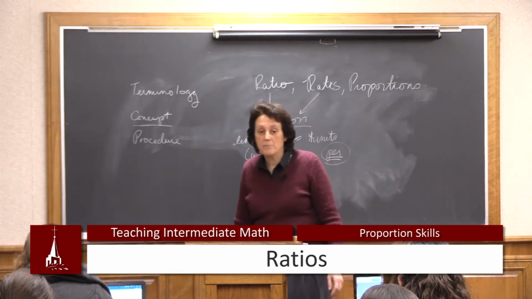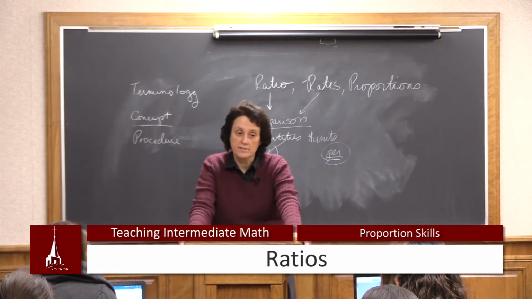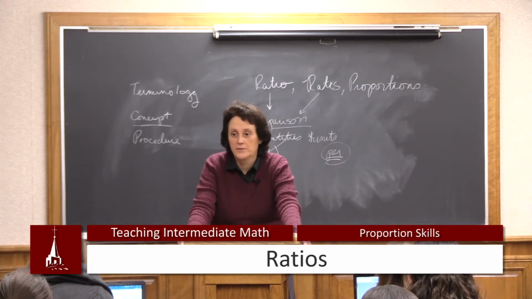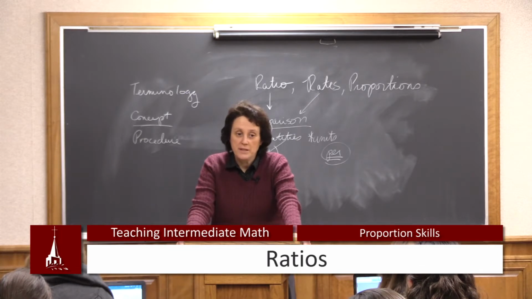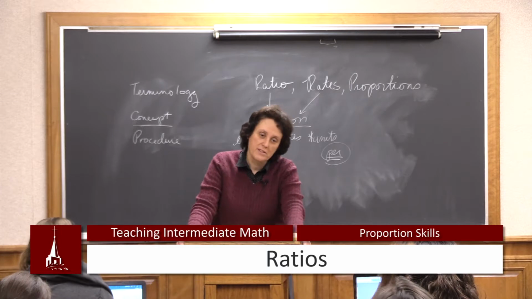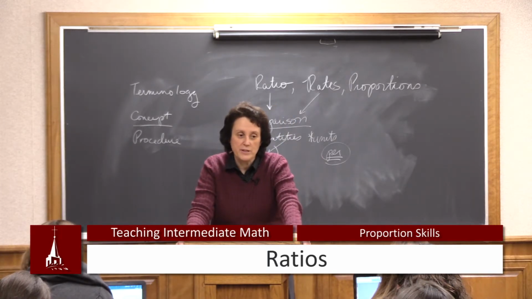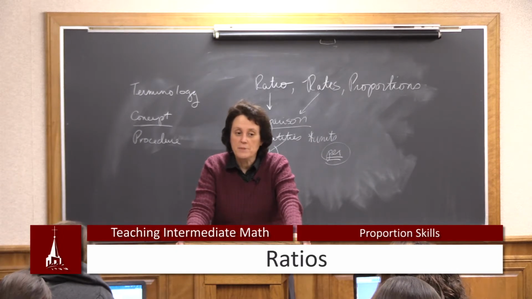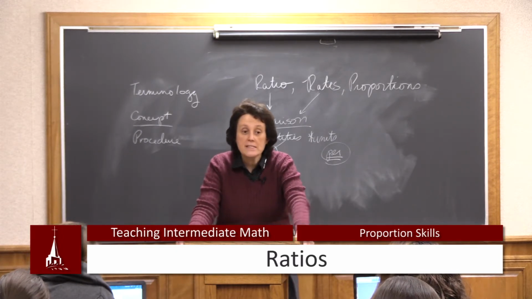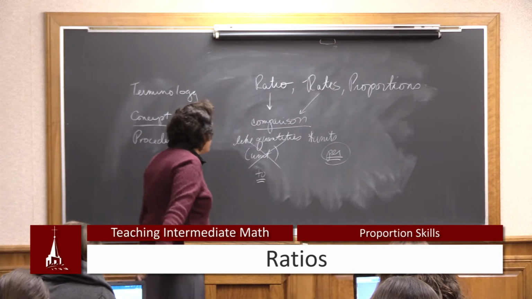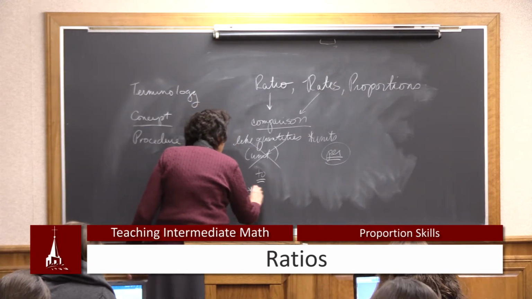All right, we might compare the ratio of, I don't know, in a population, maybe we will compare the ratio of English speakers versus Spanish speakers. Okay, we don't have a unit involved there. It would simply be a numerical comparison only, and it is going to always be reduced.